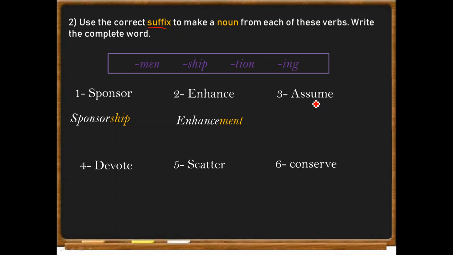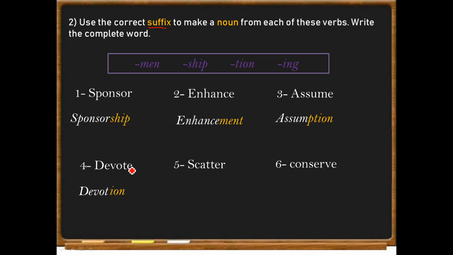Assume. Okay, this is going to be a little bit tricky. Assume becomes assumption. Okay, assumption. Now the P here is not a silent P, but when you pronounce it, try to be as light as possible. يعني بأخف طريقة ممكنة. Assumption. Okay, assumption. الاعتقاد. Now devote becomes devotion.